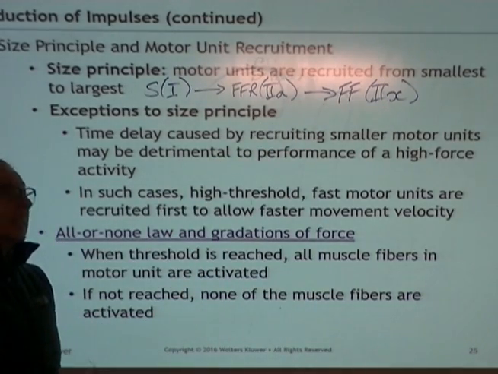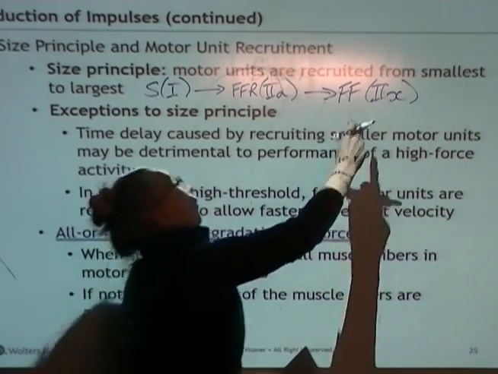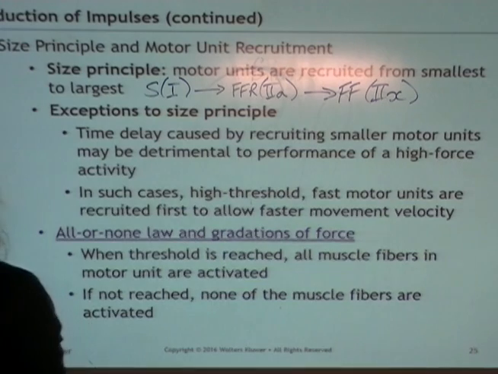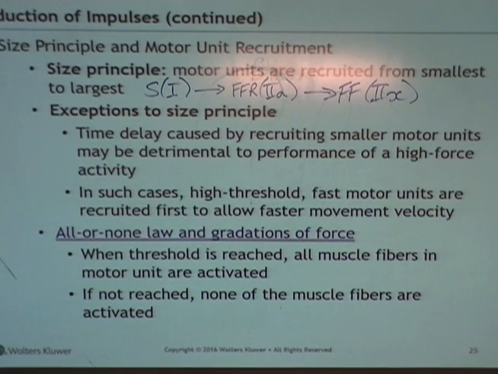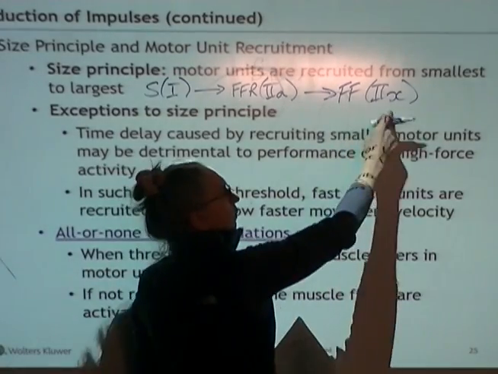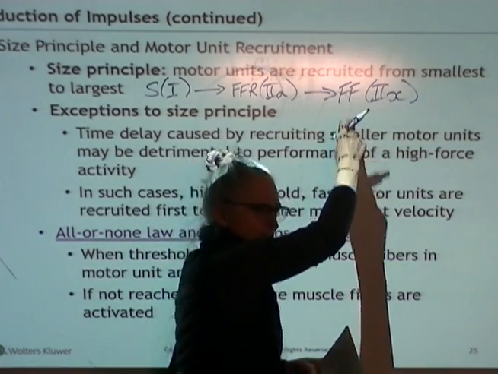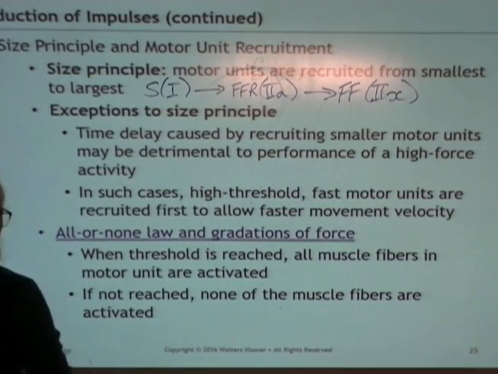And then if it needs more oomph, it'll go to type 2X. So it depends on the job that I'm trying to do and my perception of the job. But it allows me some control over force production. Because this one's going to generate a lot more power, a lot more force, but I might not need that much power and that much force to get the job done.